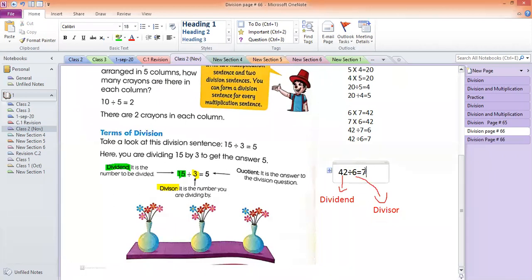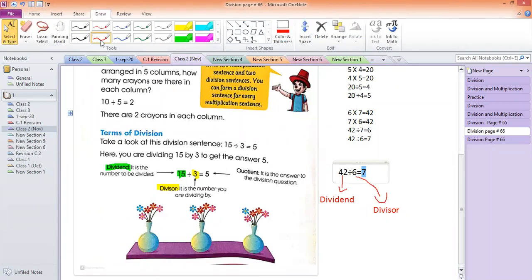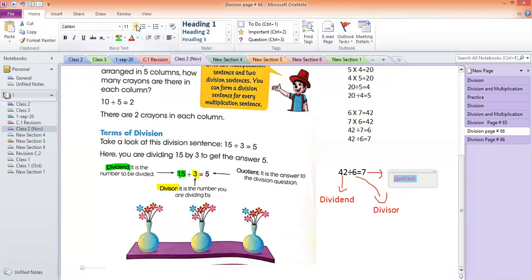So this 7 is quotient here. In this division sentence, what is dividend, what is divisor, and what is quotient? 42 is dividend because 42 is being divided.